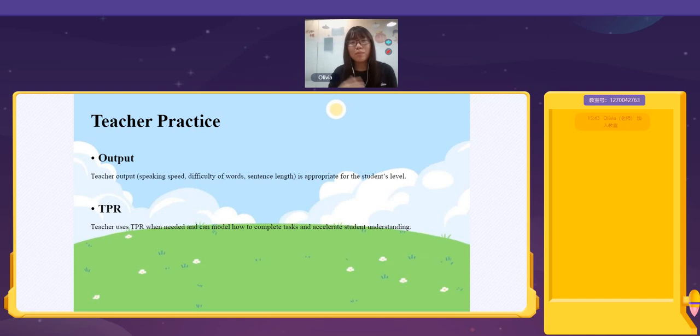We use more TPR instead of hard words or sentences. For example, at the beginning, when you enter the classroom and want to introduce yourself, there is no need for teachers to ask their names one by one at the beginning.